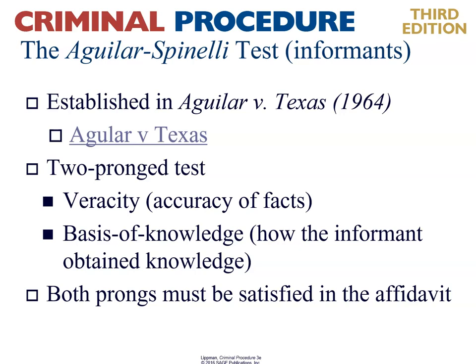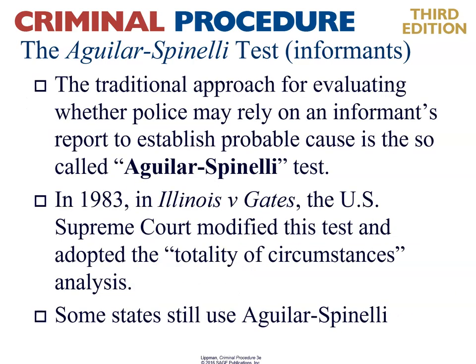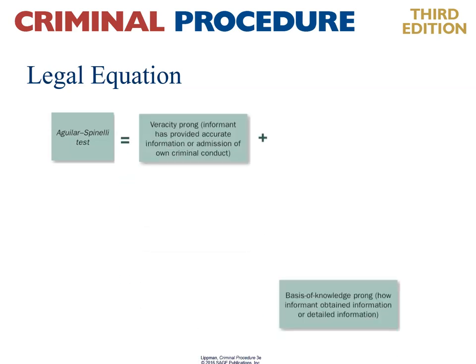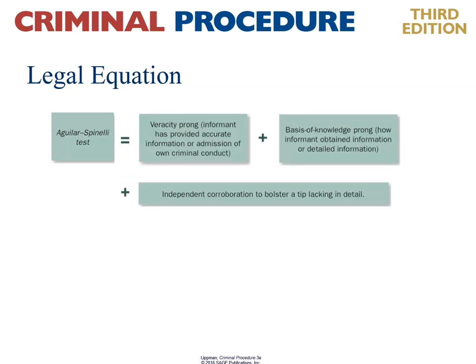So this case, Aguilar-Spinelli, was used for quite some time, and then it ended up changing in, remember we talked about it, 1983, the Illinois versus Gates case. And here's kind of the legal equation as you're looking at the Aguilar-Spinelli test.